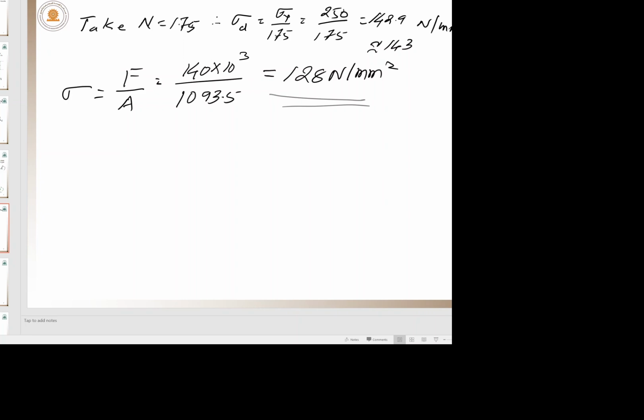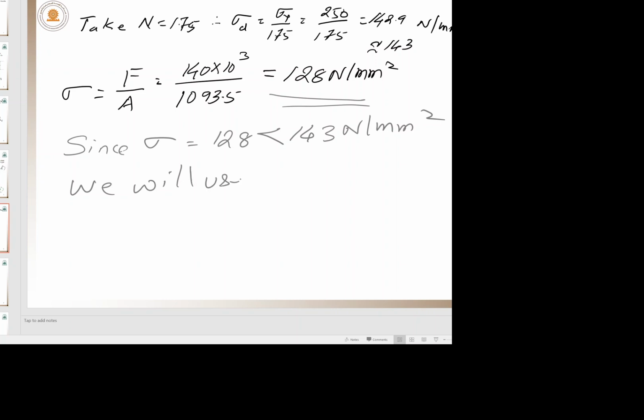My stress, even with the thin light tube, is only 128. But what is allowable? Allowable is 143, is it not? So I will say, since sigma is equal to 128, which is less than 143 Newton per millimeter square, we will use the light tube.